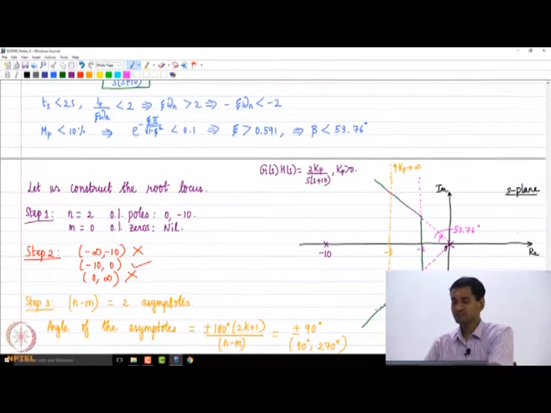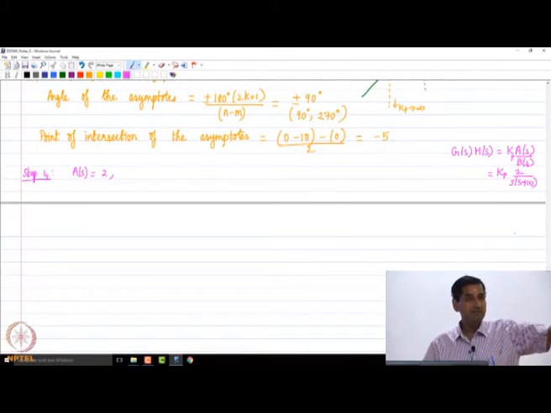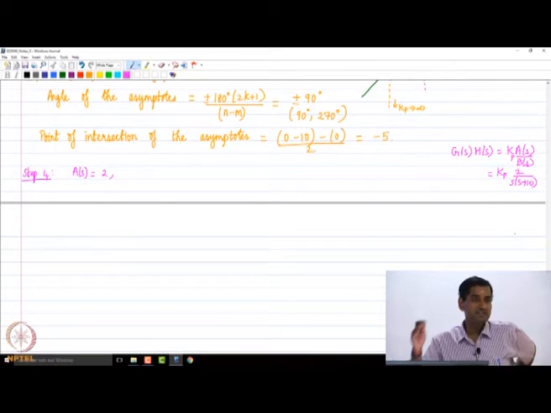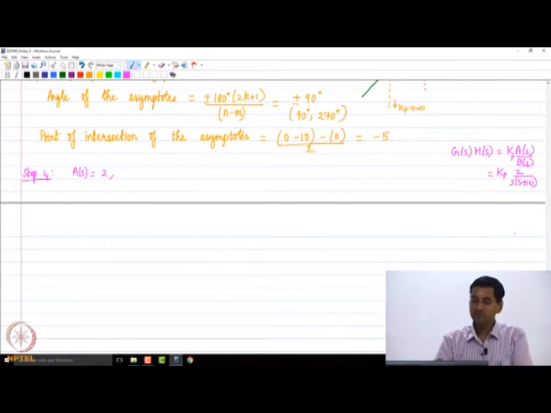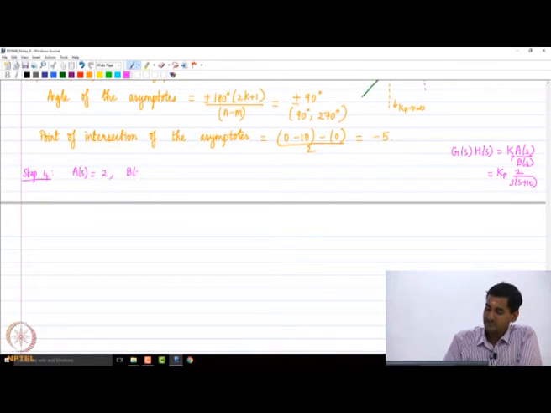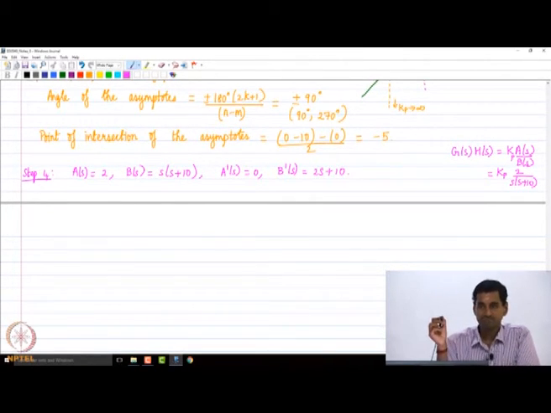We have to keep kp away, because the structure is the parameter k times a of s divided by b of s. So, a of s is going to be 2, b of s is going to be s times s plus 10. Consequently, a prime s is going to be 0, and b prime s is going to be 2s plus 10.